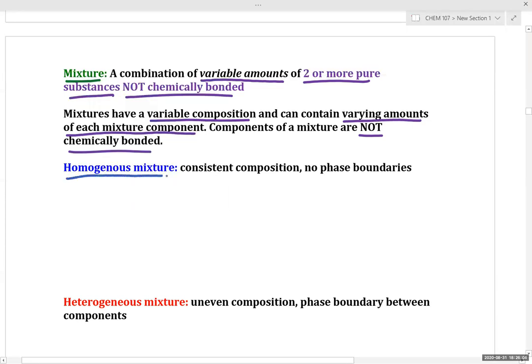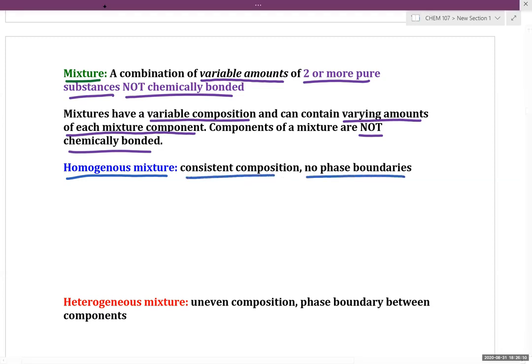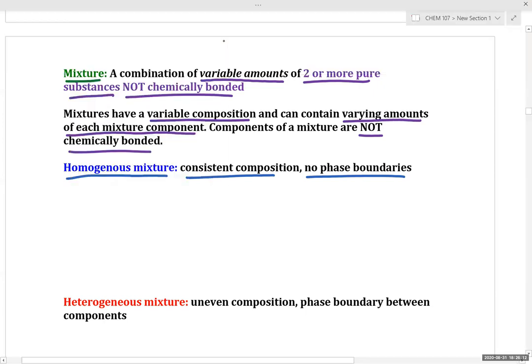A homogeneous mixture has a consistent composition with no phase boundaries. To show an example of this, let's suppose we have a cup. In that cup, I'm going to put 10 grams of sugar, and I'm going to put 1 liter of water.